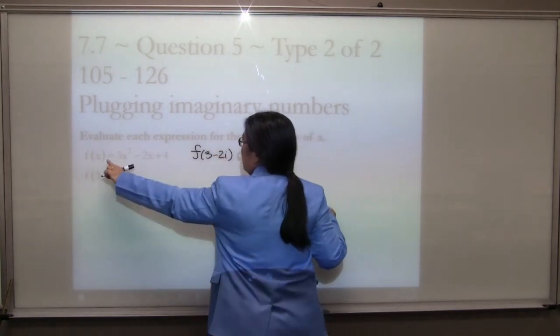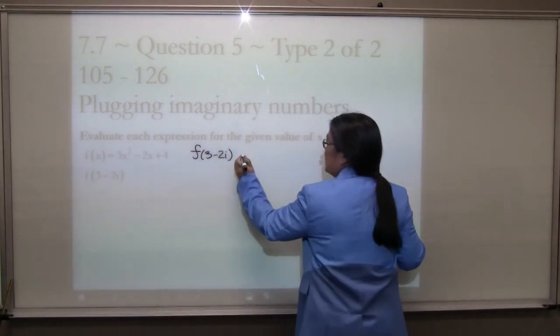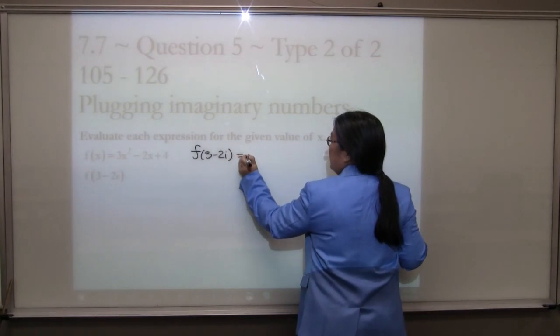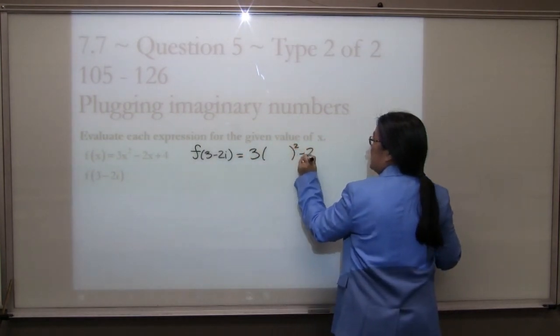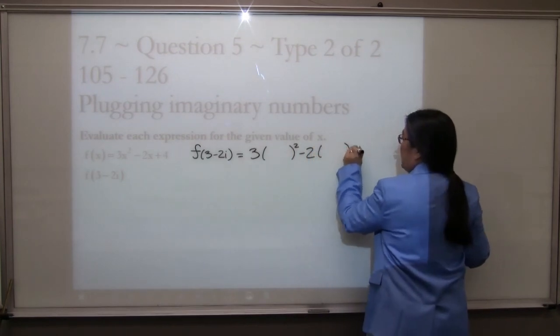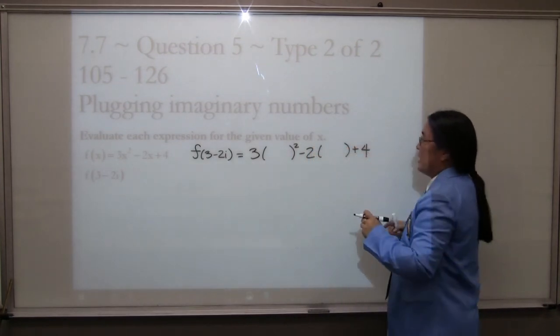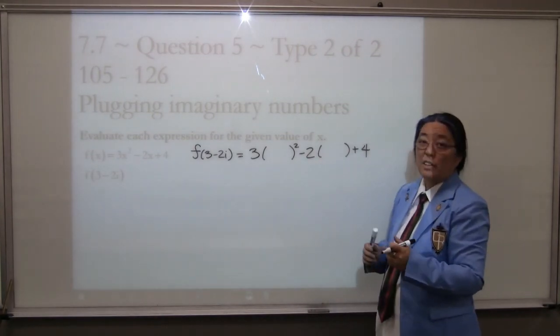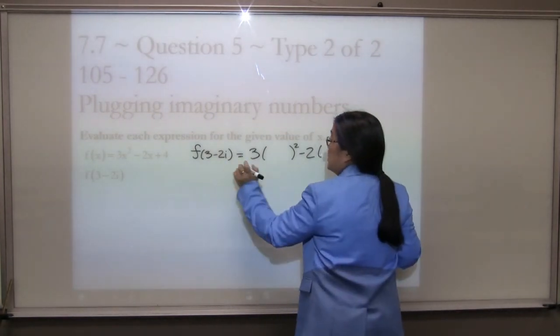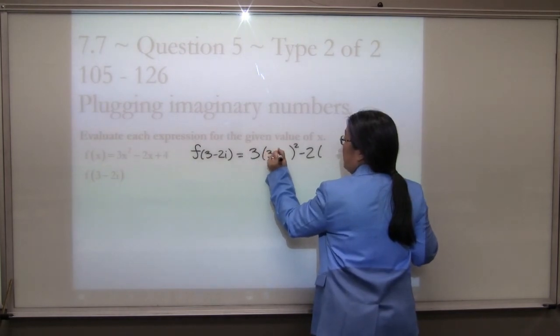Anywhere you used to see an x will now become a 3 minus 2i. On every single line, 3x squared minus 2 times x plus 4. I have actually had a hard time with learning this, so I put these parentheses so I have a landing pad to put my 3 minus 2i, because sometimes I'll write it incorrectly.